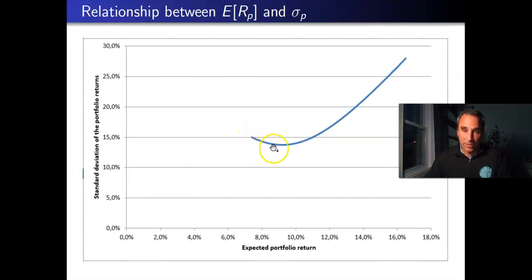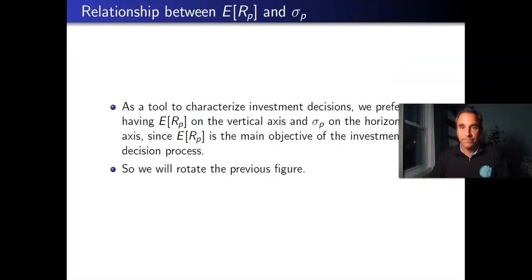But by doing so, there's still a point where we have a lower standard deviation than the lowest of the two standard deviations. Okay, so these are all the combinations of risk and return we can achieve by shifting the weight from B to A.